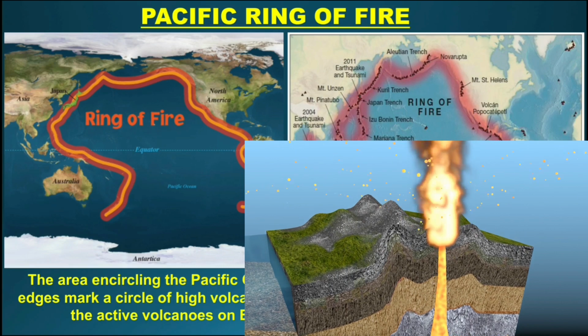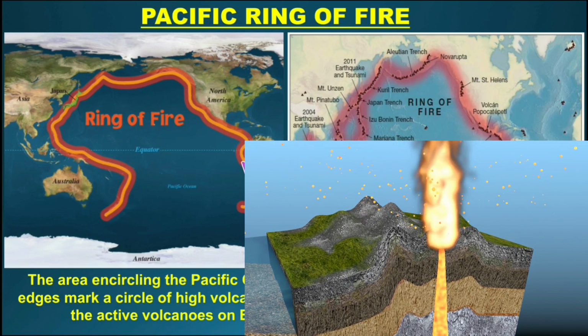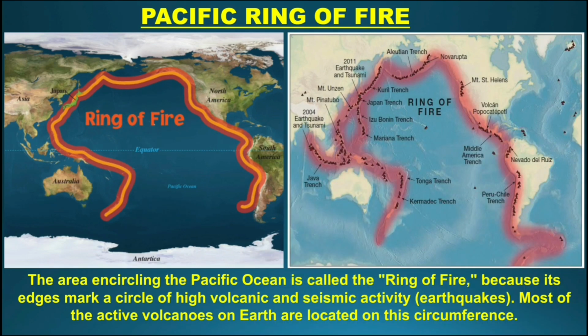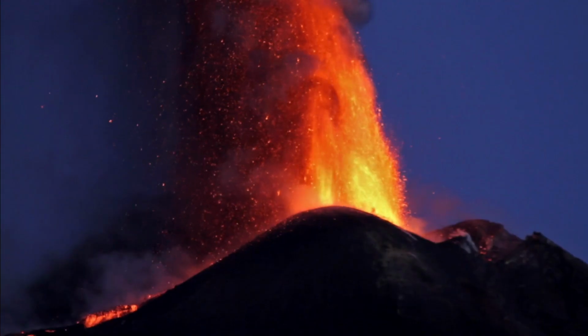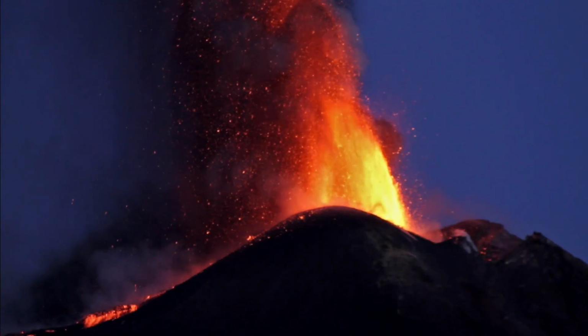Here you can see in the map, this is the Ring of Fire, otherwise known as the Pacific Ring of Fire. In the second map, you can see almost all the most important volcanoes are located in this area. That is why this area is known as the Pacific Ring of Fire.